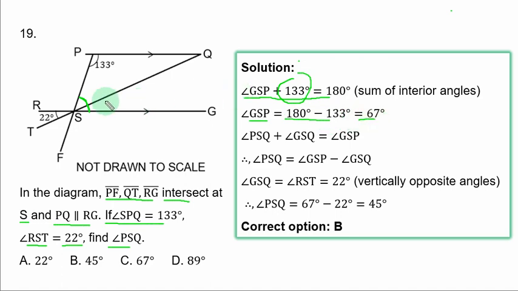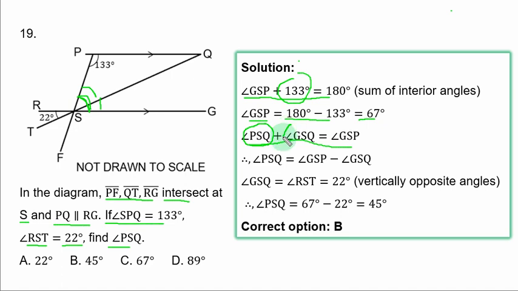Now there are two angles here. That is, you have PSQ, that is this one first, and GSQ, this angle, and the two when added is equal to GSP. That is what you have here. From this operation, we want to look for PSQ.